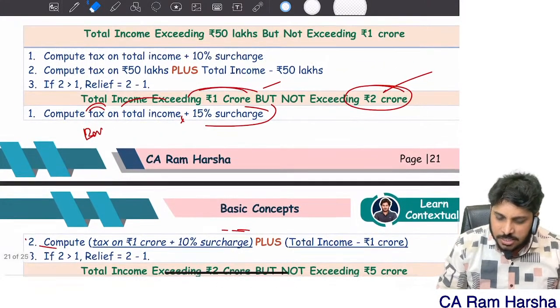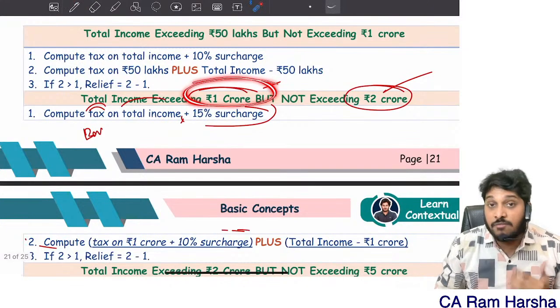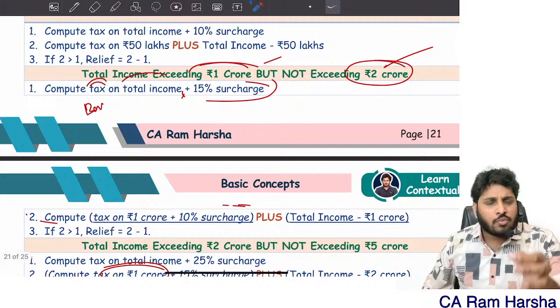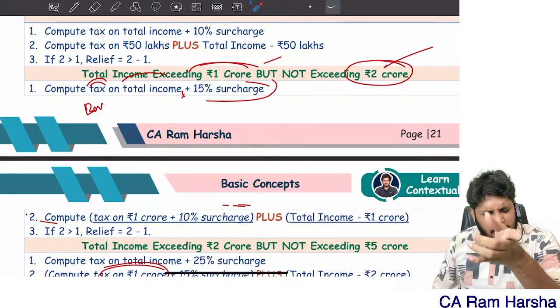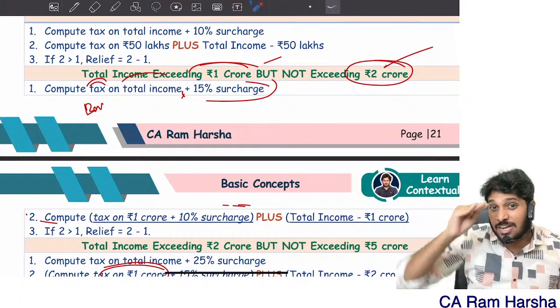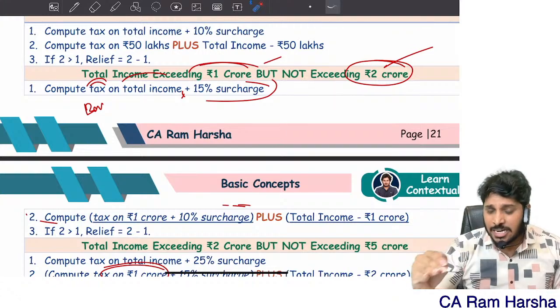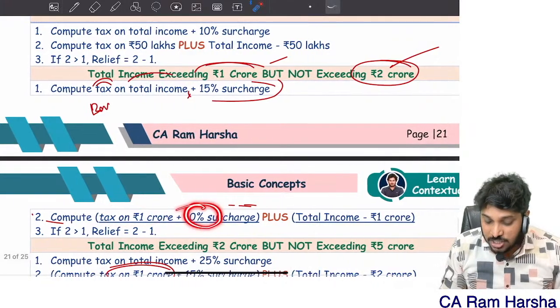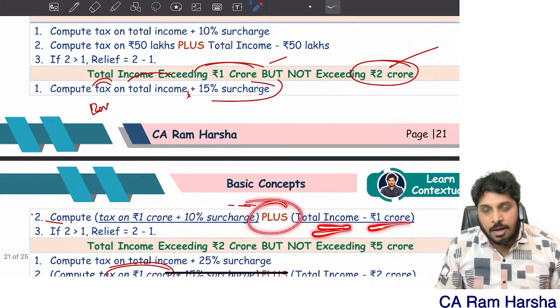Compute basic tax, suppose total income is exceeding 1 crore but not exceeding 2. Because if it is crossing 1 crore, what is the surcharge rate applicable? 15. If my income is exactly 1 crore, then the surcharge rate is only 10%. So compute tax on 1 crore, surcharge at 10%, plus total income minus 1 crore.